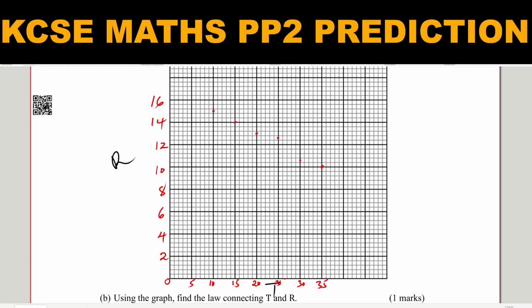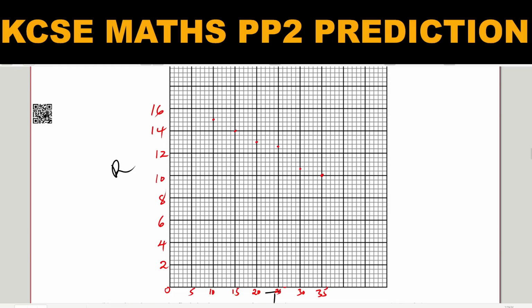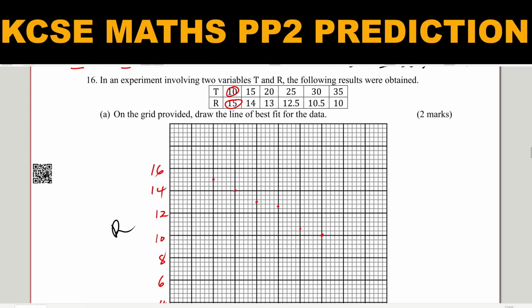The points are there. So you're supposed to draw the line of best fit. Looking at these points, try to check that the line is passing through all the points.